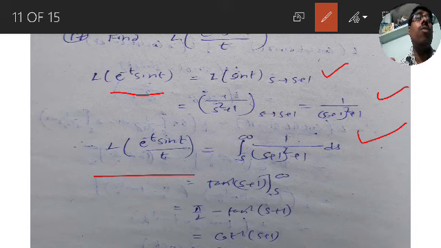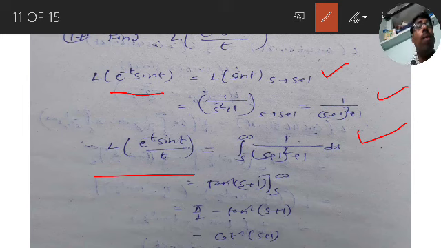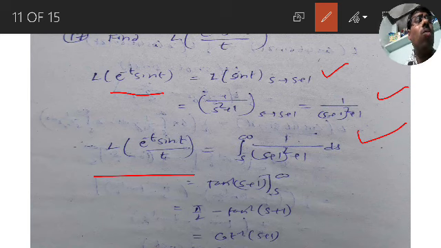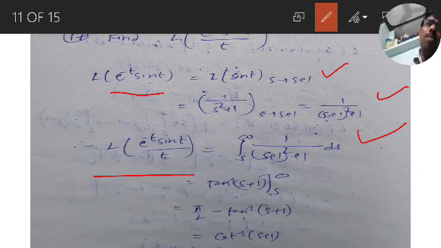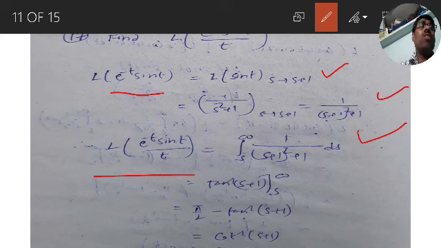It is tan inverse x. Now it is tan inverse of (s plus 1), upper limit minus lower limit. So in place of s you have to put infinity. Infinity plus 1 is again infinity. If you add or subtract some finite number from infinity, it will be infinity itself. So tan inverse of infinity minus tan inverse of (s plus 1).